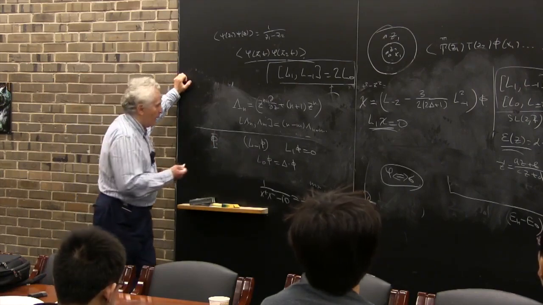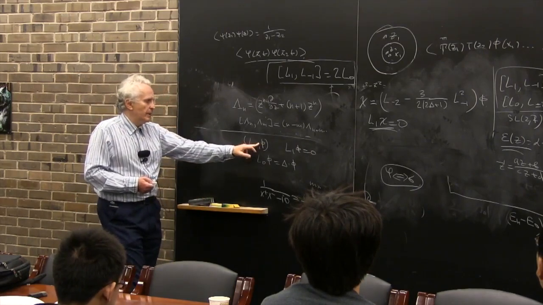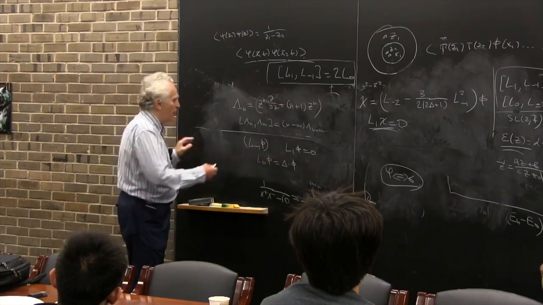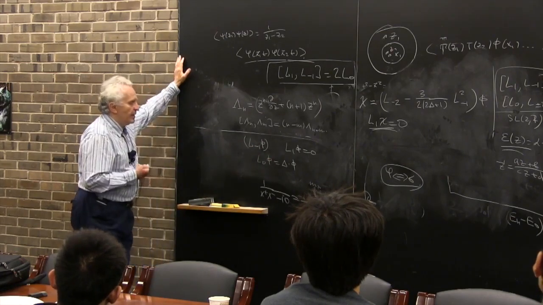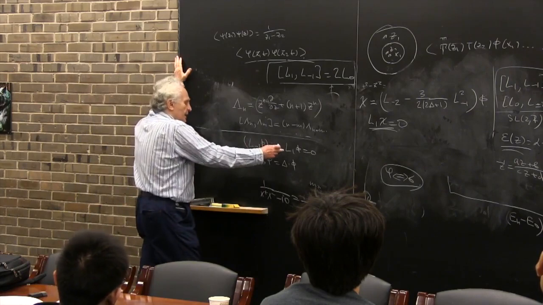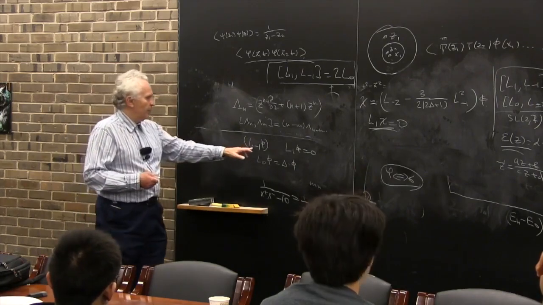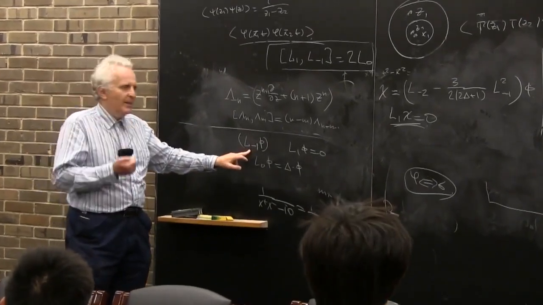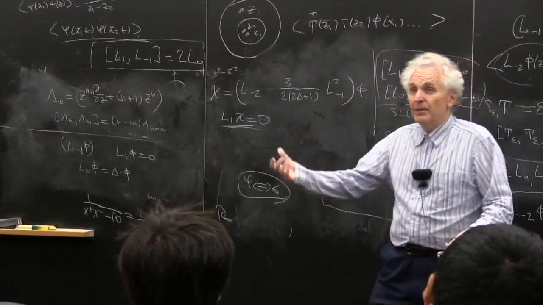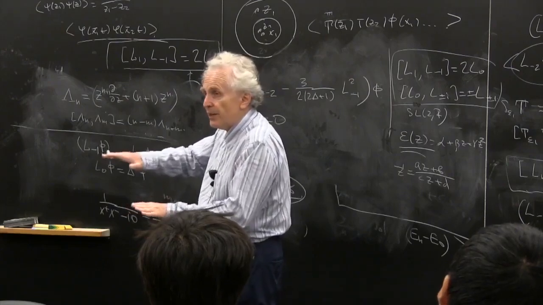Now, when we have a unit operator, this is a special case: it's unchanged by these descendants. There is no L minus 1 descendant of the unit operator, for the simple reason that L minus 1 acts as a derivative, and the unit operator doesn't depend on anything.